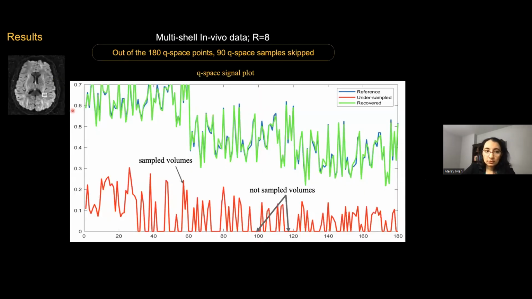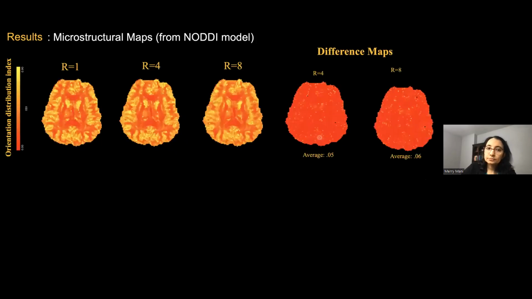So again, if we look at the Q-space signal plot from this ROI, the blue curve is the fully sampled Q-space from all the 180 Q-space points. The red would be the measured data, and that shows points that were not sampled at all, but the final reconstruction can provide data that is in very good agreement with the reference data.